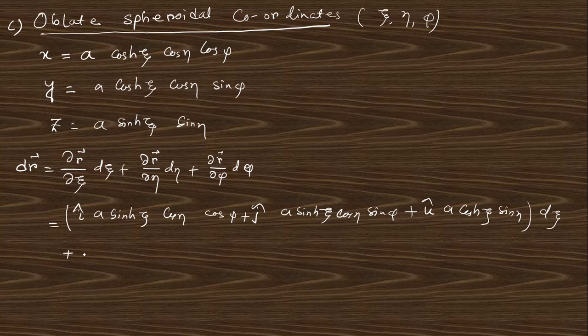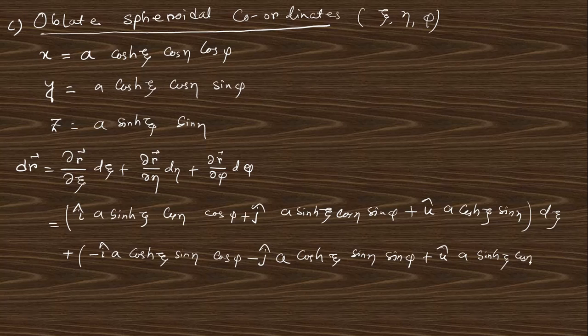Similarly for the next, this gives minus i cap a cos hyperbolic xi sine eta cos phi minus j cap a cos hyperbolic xi sine eta sine phi plus k cap a sine hyperbolic xi cos eta d eta.